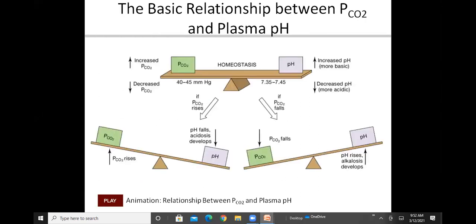So there's a relationship between the partial pressure of carbon dioxide and the plasma pH. It says that as the partial pressure of carbon dioxide rises, the pH would fall.